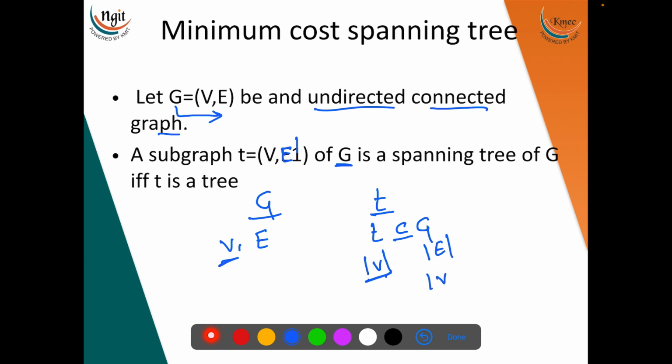That means the number of vertices in the spanning tree is equal to V of the graph. The number of edges of a spanning tree is equal to the number of vertices minus 1. So T equals (V, E'), where V is V and E' is equal to V minus 1. Now T is a spanning tree. This is the definition of a spanning tree.